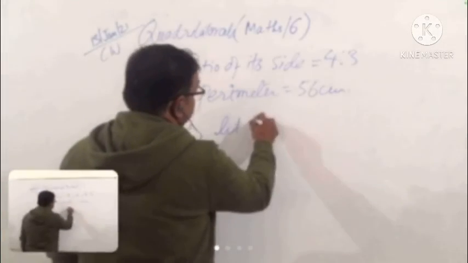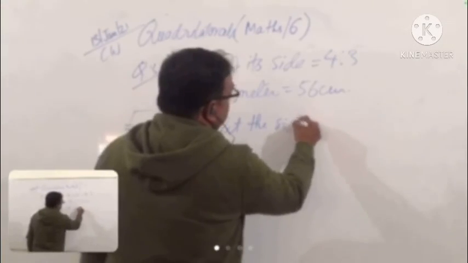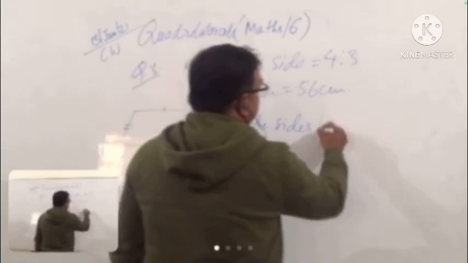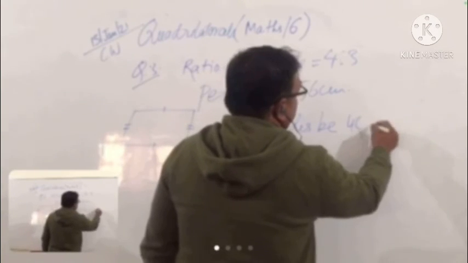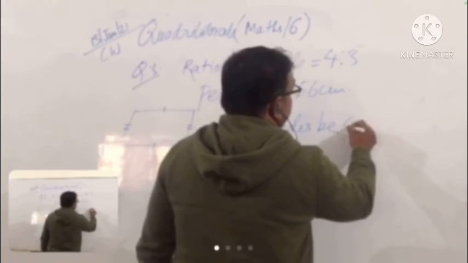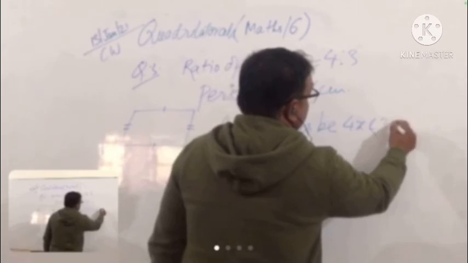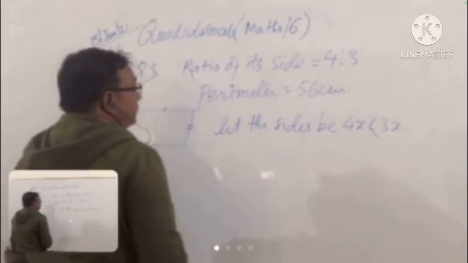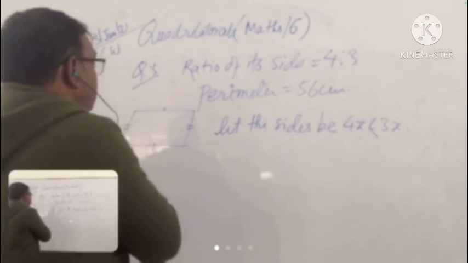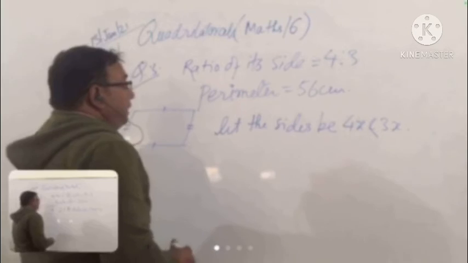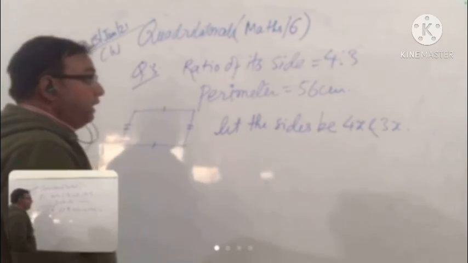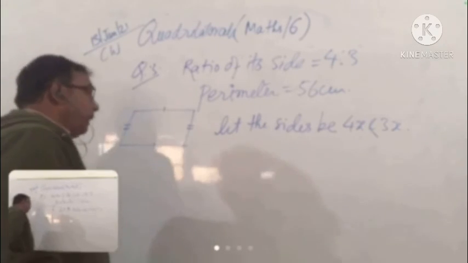So we start, let the sides be 4x and 3x. Now perimeter is equal to 56 is given. We can treat a parallelogram as a rectangle.